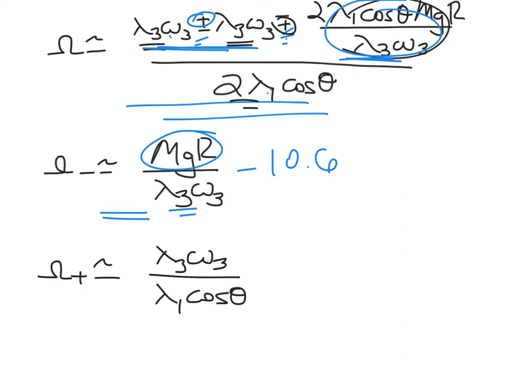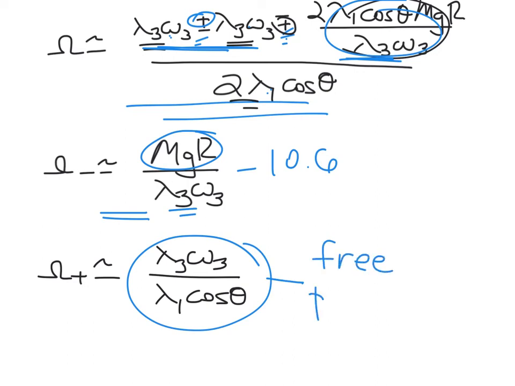And this, you may recall, is the free precessional frequency that we've seen in section 10.8. So we get the free precession in the case that the torque is small.